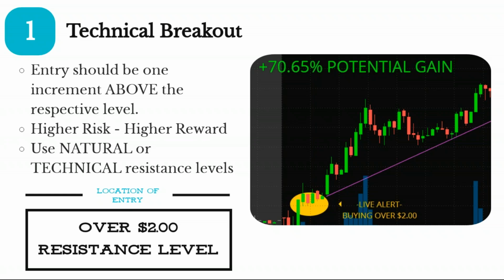Now, technical resistance levels are based on the chart and the candles that you see historically through the chart, but can also be on a natural resistance level. So a technical resistance level can also be natural. Just because a level is at $2 doesn't mean it can't be technical as well. If that's where the chart was denied last time, that's technical resistance as well as natural resistance.